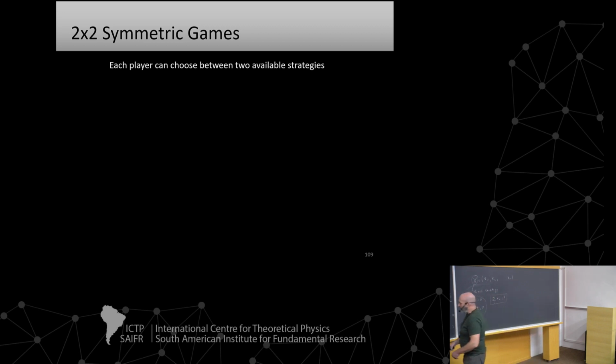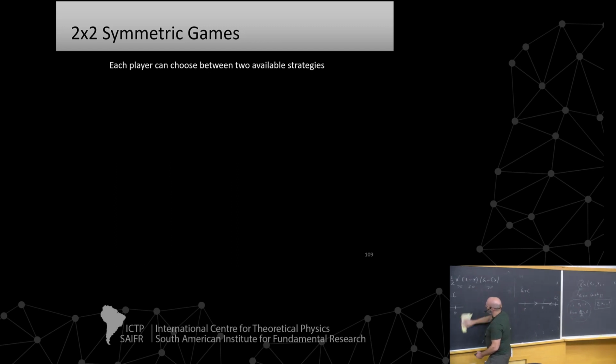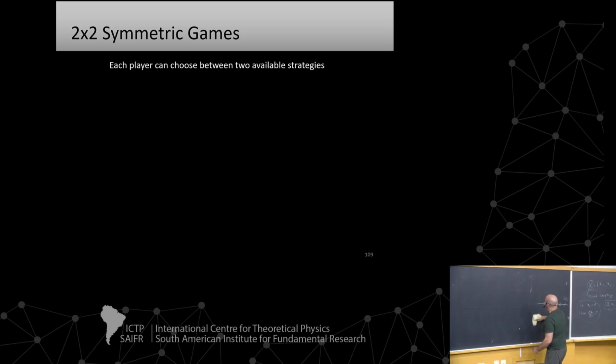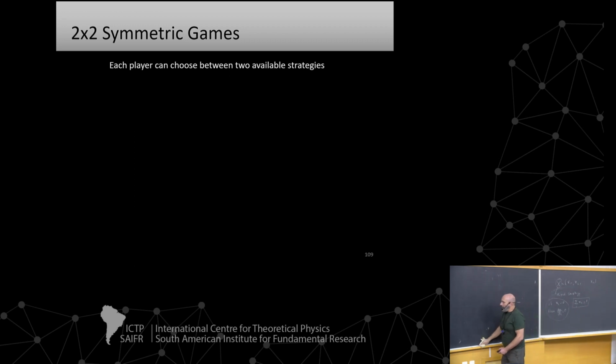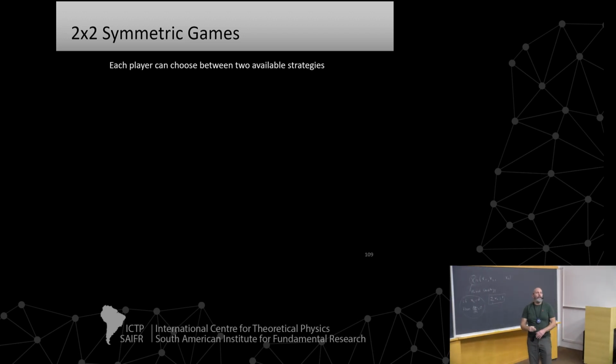So finally, what I am trying to show you is that by using the replicator dynamics, there is a possibility to make a classification of any game of 2 times 2.